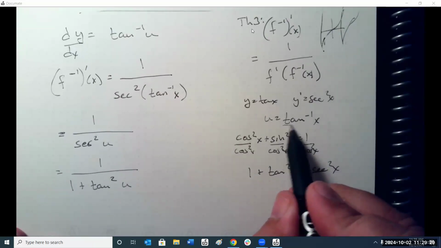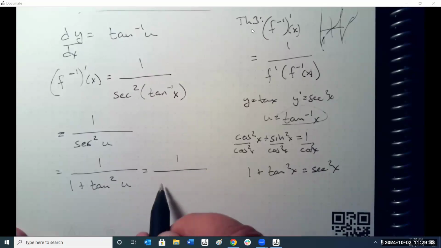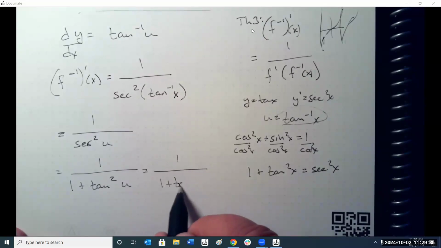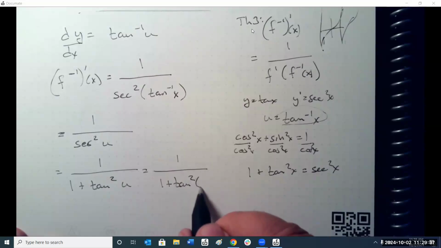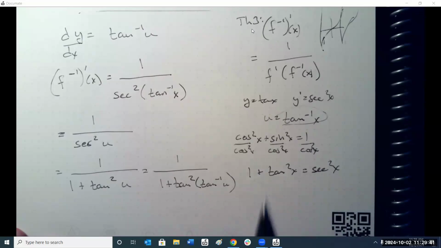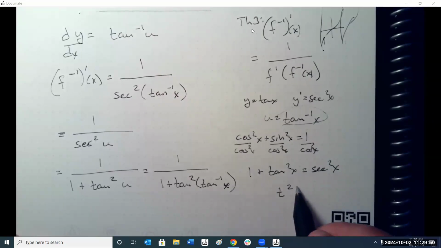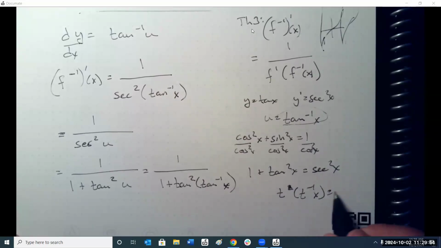Because u was tangent. So we have tangent squared, u is the inverse tangent of x. Well, the tangent and the inverse tangent of x is equal to x.